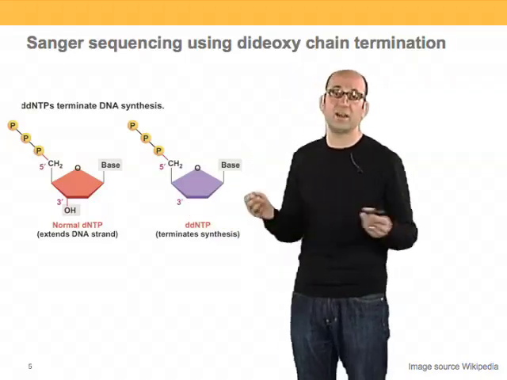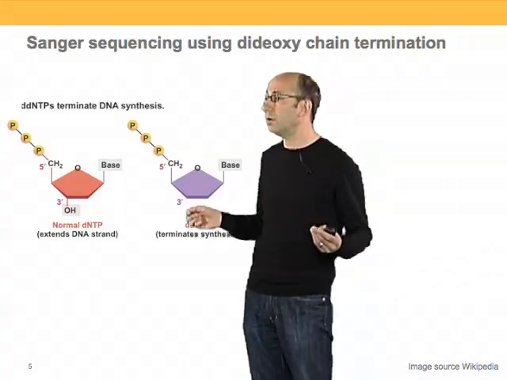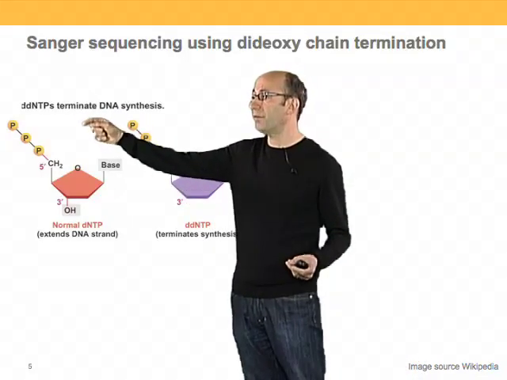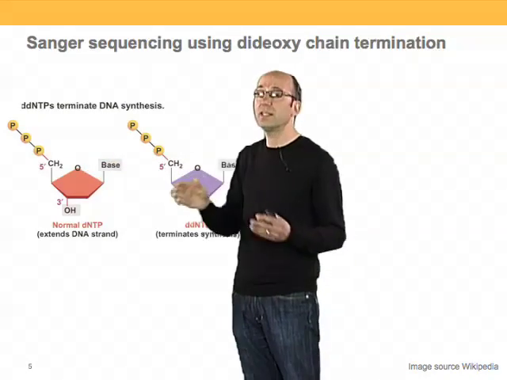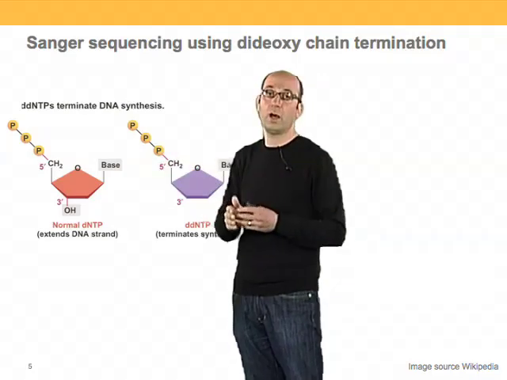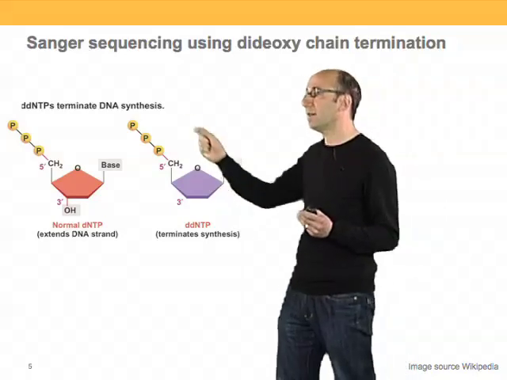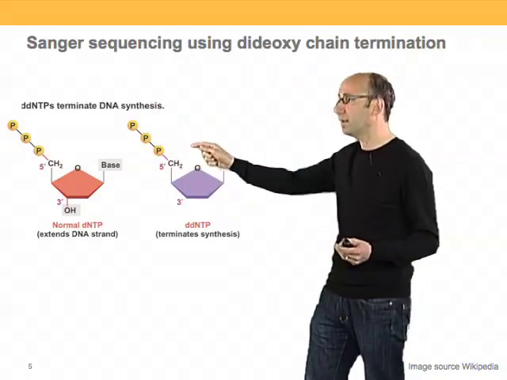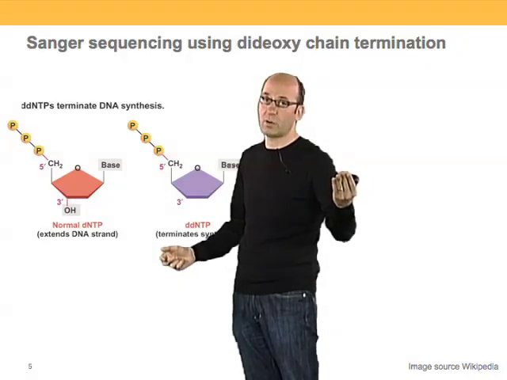So what is a dideoxy terminator, and how does this let us sequence DNA? As you know, normal nucleotides have a 5' end and a 3' hydroxyl, and this allows it to polymerize indefinitely into a long chain of DNA. A dideoxy terminator has a proper 5' end, allowing the base to be incorporated into the growing chain.